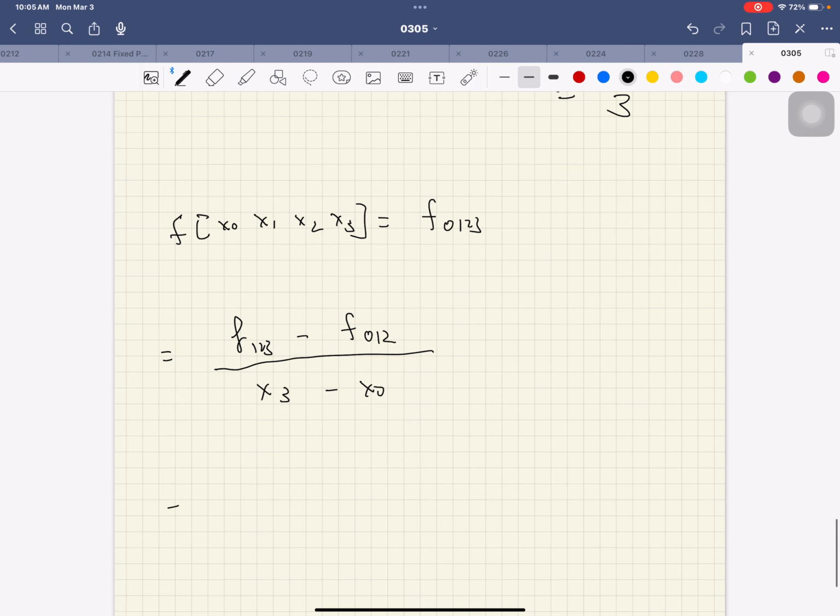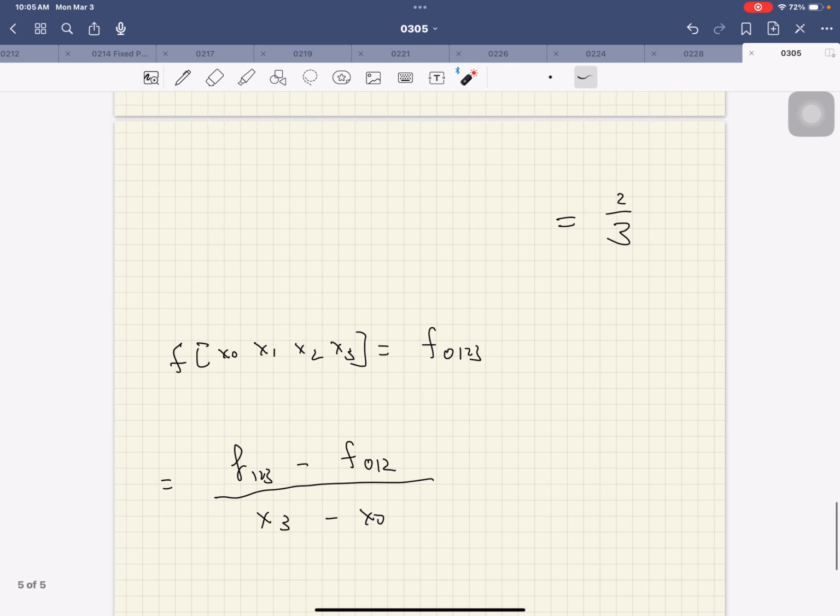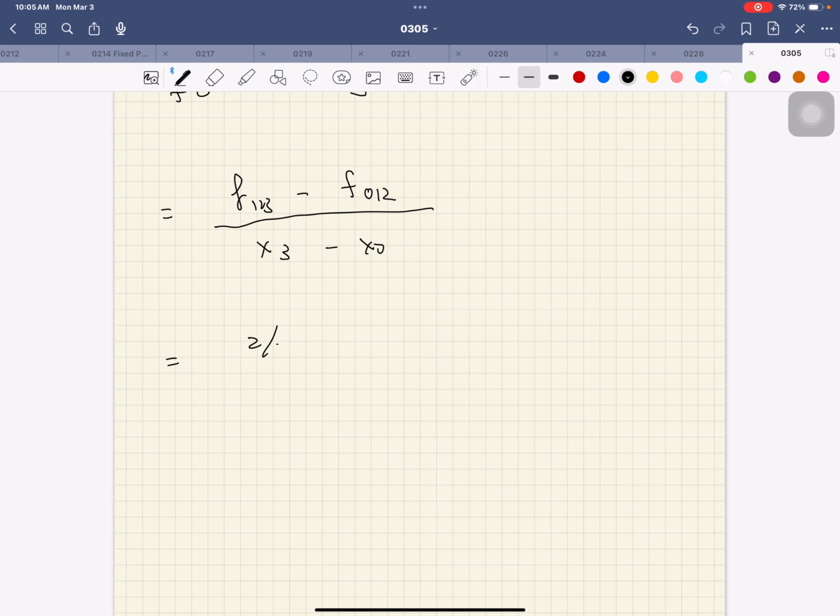We have every number ready. f[1, 2, 3] we just computed, which is equal to 2 over 3. And f[0, 1, 2] we computed in the table, which is equal to 0, right? So x3 minus x0 will be 5 minus 1, which is 4, so this will be equal to 1 over 6.